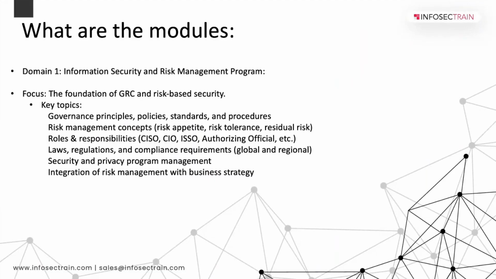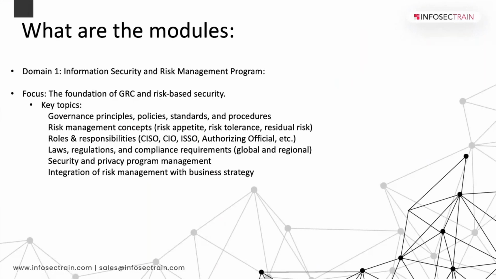We talk about the legal and regulatory requirements, like GDPR, PCI DSS, California Consumer Protection Act, SOC, GLBA. What is security and privacy program management, and integration of risk management with the business strategy.